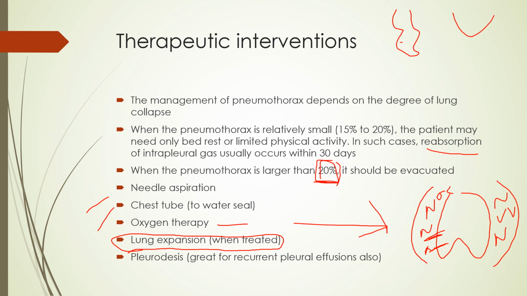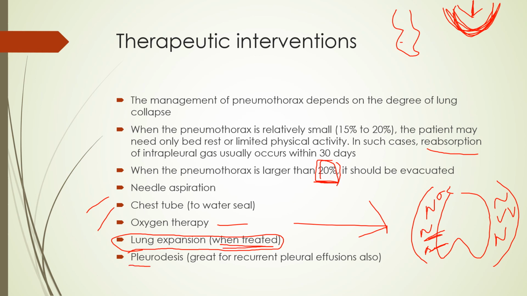Remember, 50 dynes per centimeter is a lot of force to reopen lung tissue. So this is where you do PEP, some sort of positive pressure, some sort of lung expansion therapy to help resolve that atelectasis that's left over after the pneumothorax has been treated. Not during the pneumothorax, after the pneumothorax has been treated. That's one of the things that we can look at.